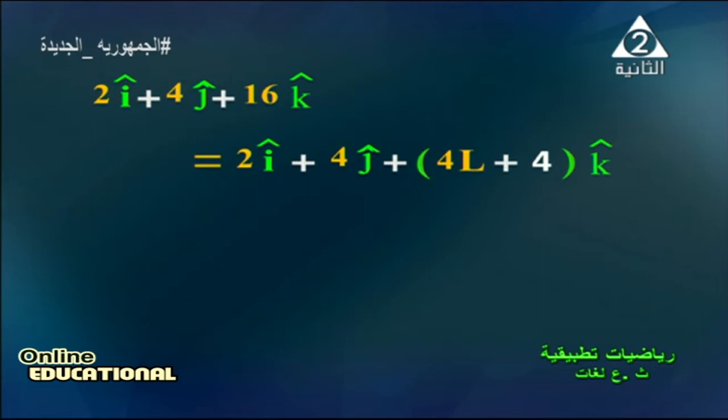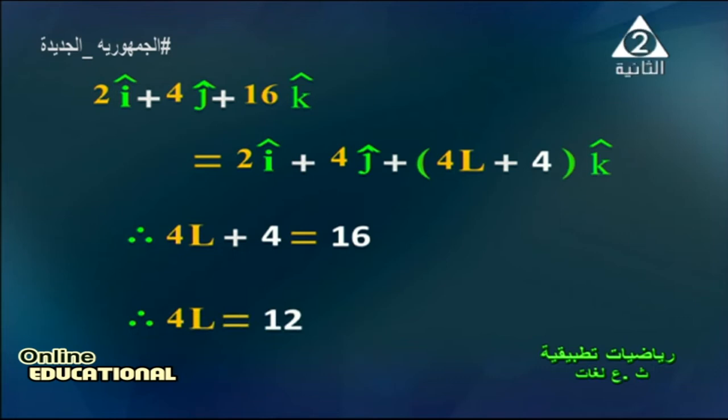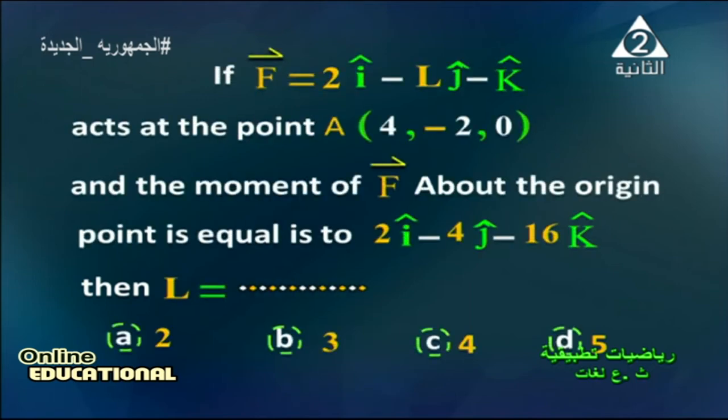Now, from the equality, 4L plus 4 equals 16, 4L equals 16 minus 4, which equals 12. Dividing both sides by 4, L equals 3, and we can choose letter B.